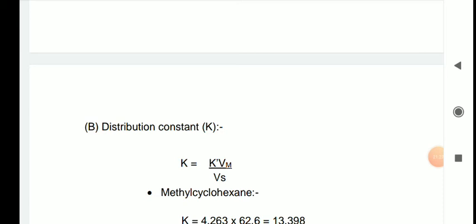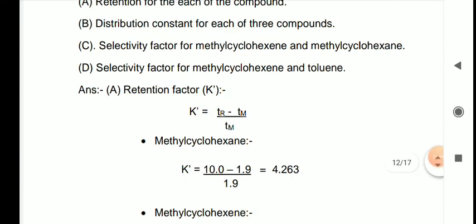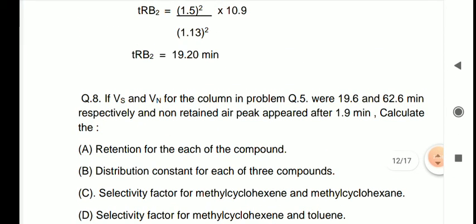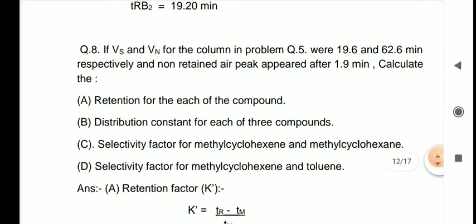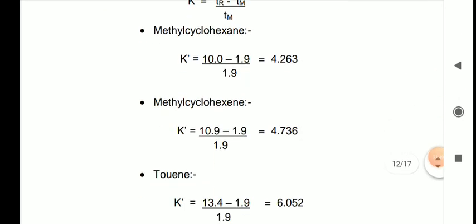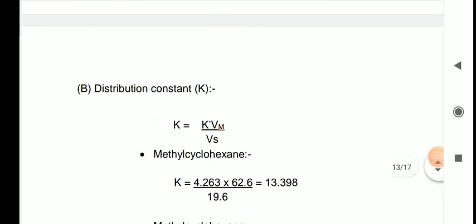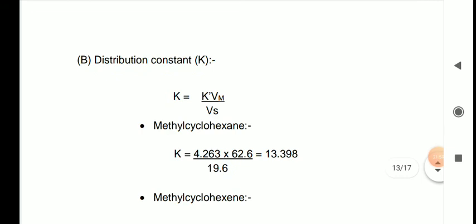But if you want K, then you have to cross multiply, and K will come out to be K dash into Vm by Vs. They have given the values in the data: Vs is 19.6 and Vm is 62.6.